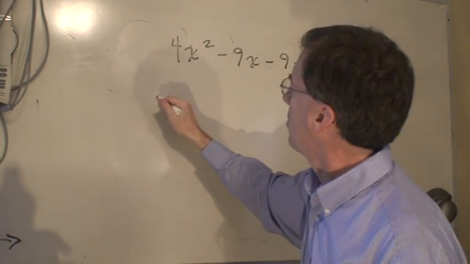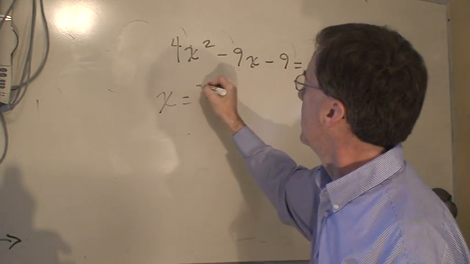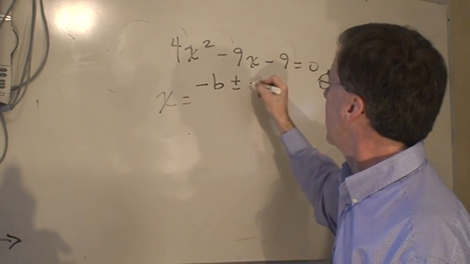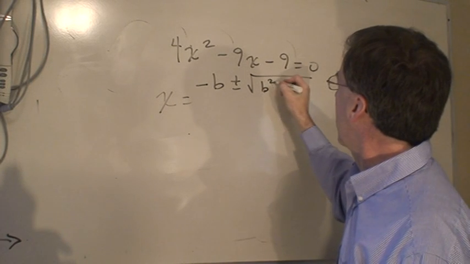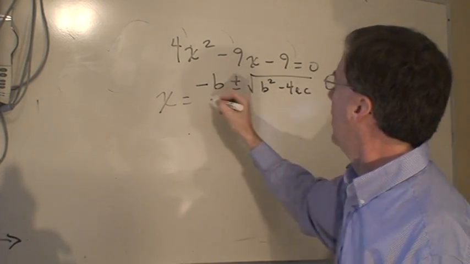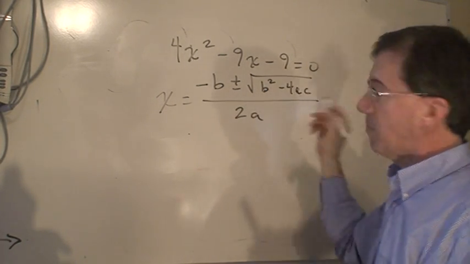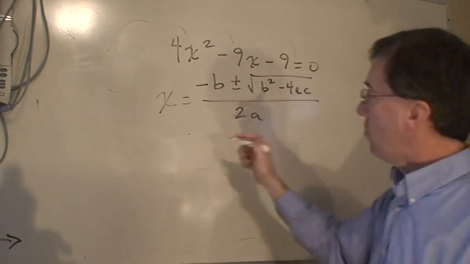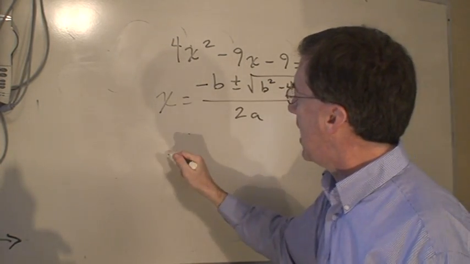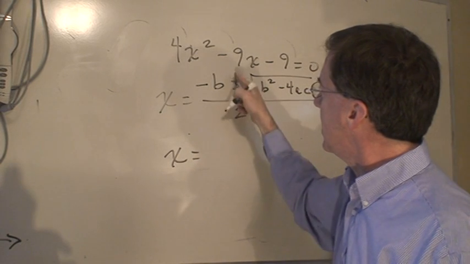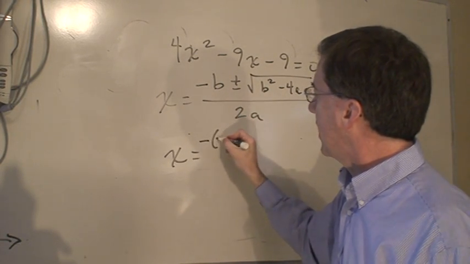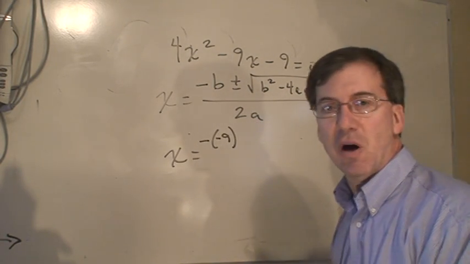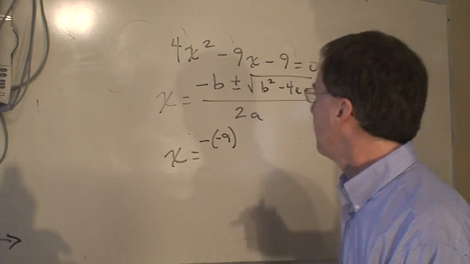Now the quadratic formula says x equals negative b plus or minus the square root of b squared minus 4ac all over 2a. Now remember what I said: b was negative 9, so when I plug this in, it's a negative 9. That is where I see the most mistakes when students do this.